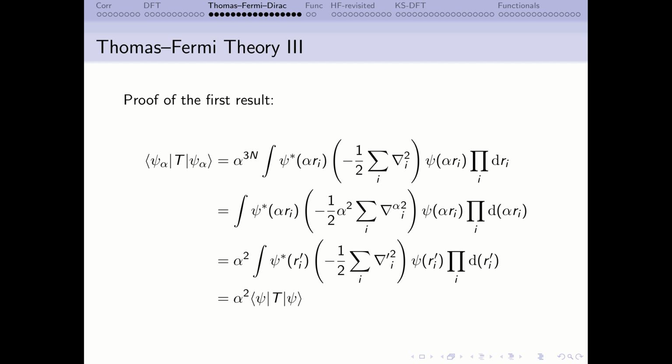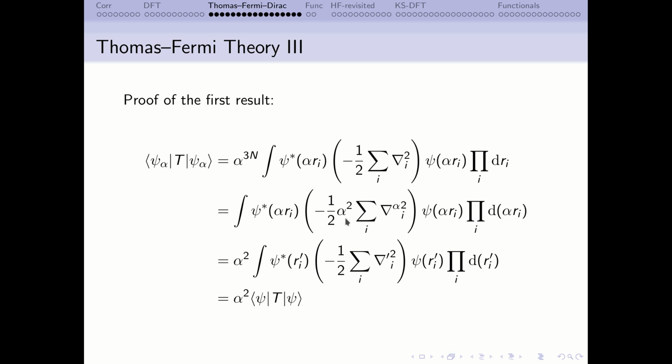So if I want to scale r1 by alpha, it means I have to scale each of x, y, and z by an individual alpha, which means I need 3 alphas for each ri here, which is why the entire alpha to the 3n gets absorbed in here. Now if you're not sure of what I mean by this, take the case for one electron and see what happens.